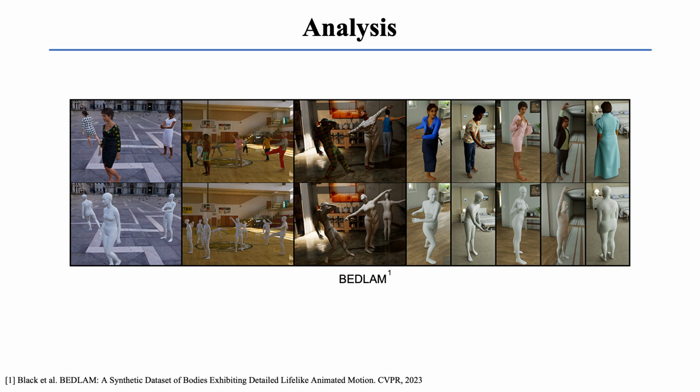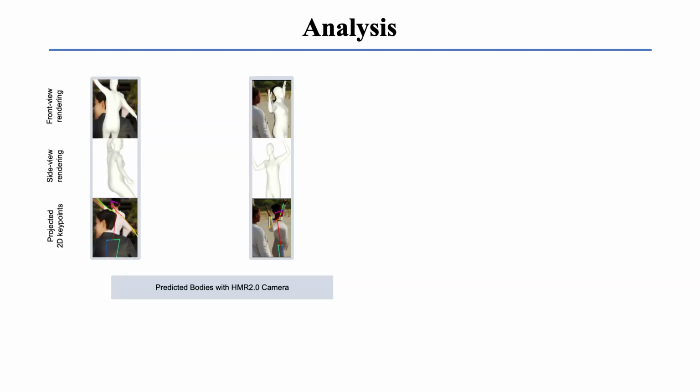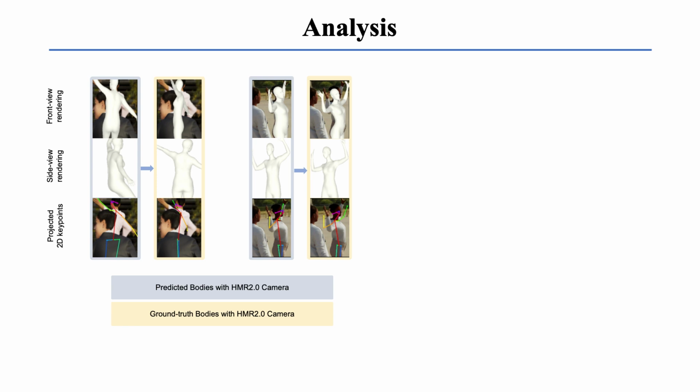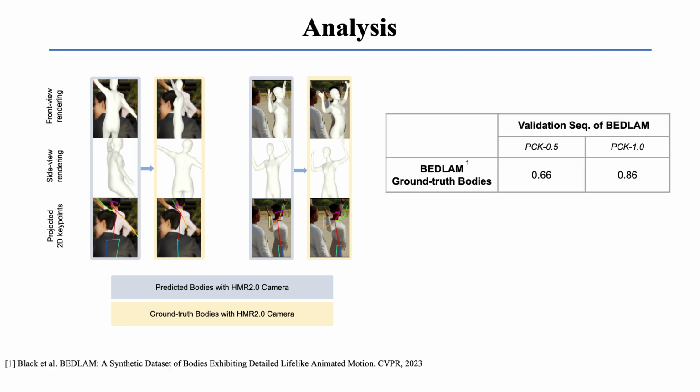We quantitatively analyze the impact of this problem using the synthetic dataset, Bedlam, which has perfect ground truth and known cameras. First, we analyze the predicted bodies from HMR 2.0. Then we take the ground truth 3D pose and project them into the image using the camera model from HMR 2.0. We then compute the common 2D error measure, the percentage of correct keypoints, or PCK.